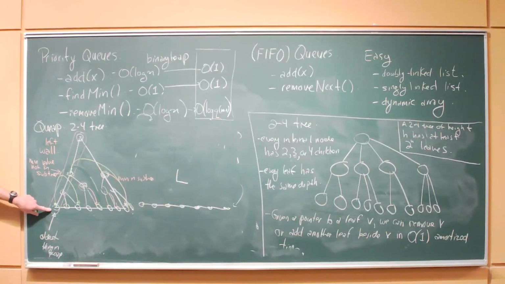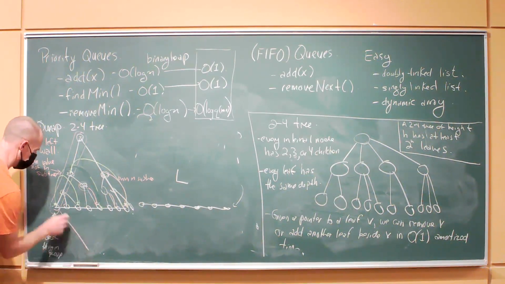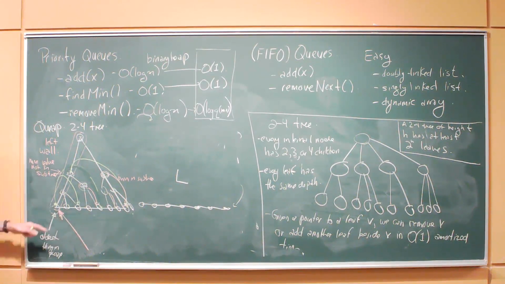Now, this node is kind of special because according to queue order, it's the one that should come out next. So if it is the one that comes out next, we need to get to it in constant time. So we'll keep a pointer to the leftmost node in this tree. It's not the smallest value necessarily. It's just the oldest value.